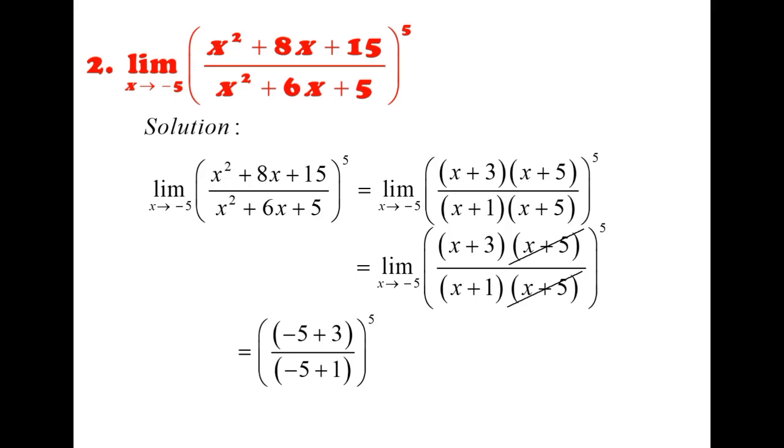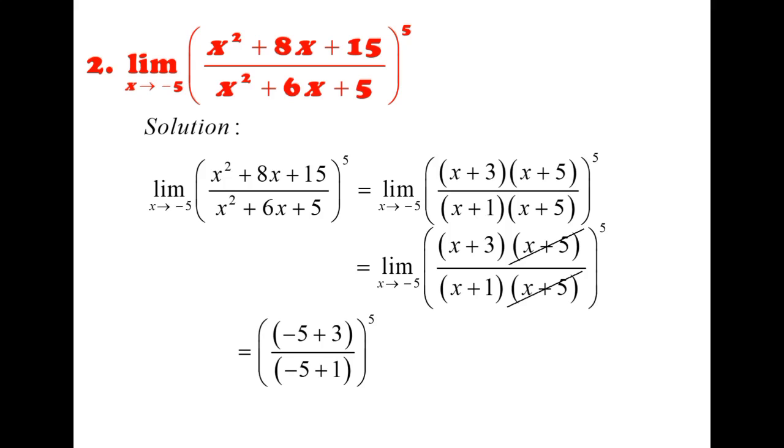Then after which, since we were able to cancel part of the expression, we can now apply the limit by replacing the value of x with negative 5. So negative 5 plus 3 all over negative 5 plus 1. Why? Because we only have left in our numerator x plus 3, then the denominator is x plus 1.